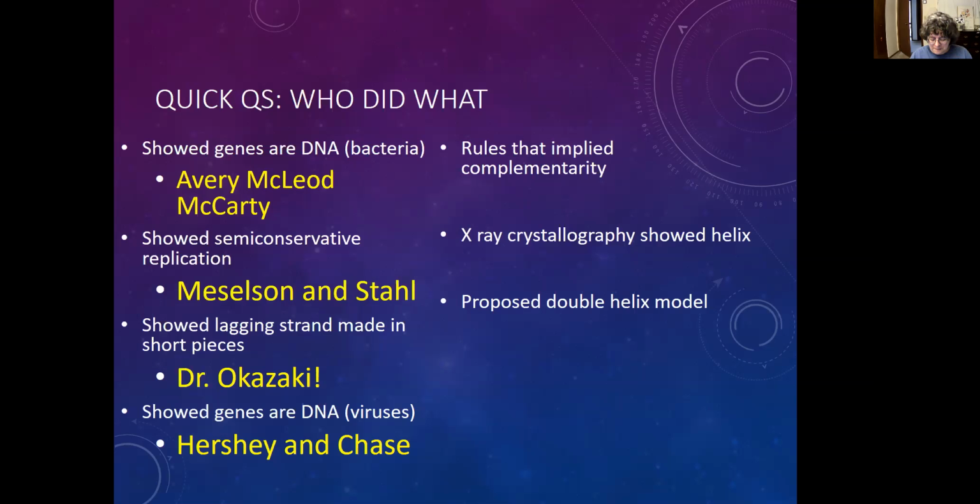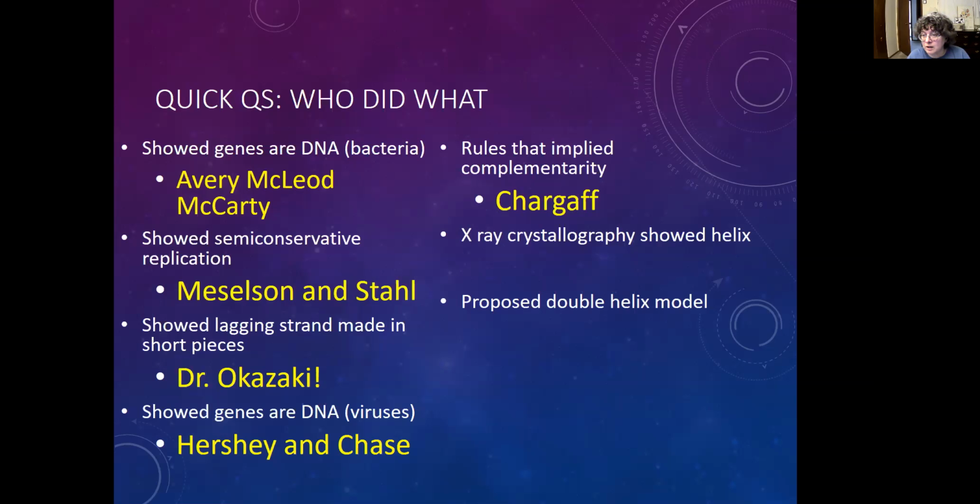Who was the guy who came up with his own rules that, upon later examination, people realized implied the base pairing rules? Starts with a C. They're called Chargaff's rules.